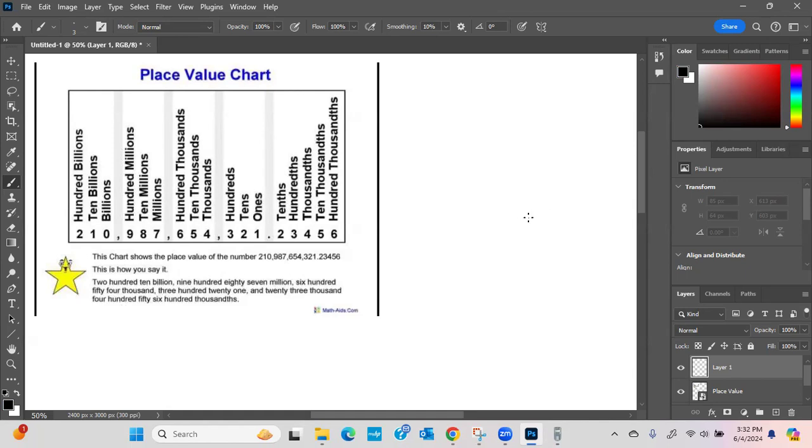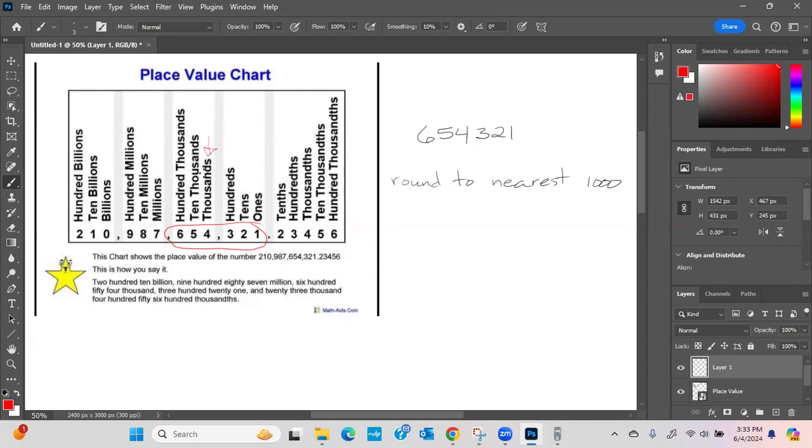So let's talk about rounding for a minute. We will just look at maybe this portion of our number. So we have 654,321. That would be our number. And if we wanted to round to the nearest thousand, we will follow a procedure such that we will find the thousands place.